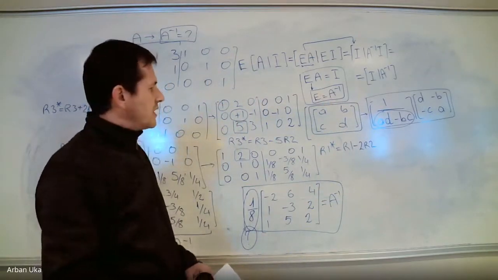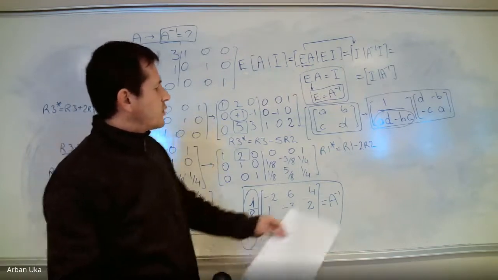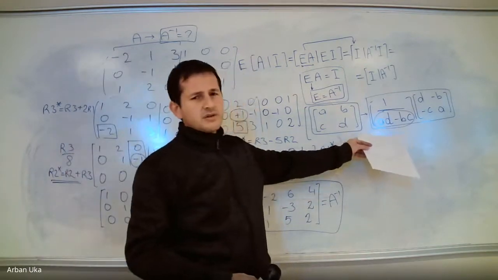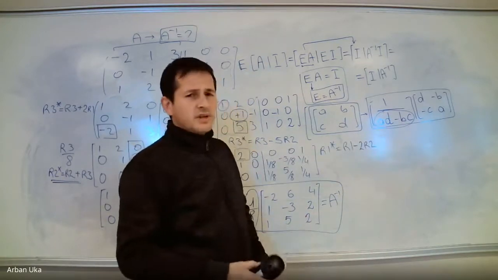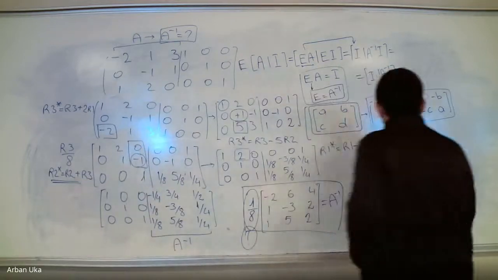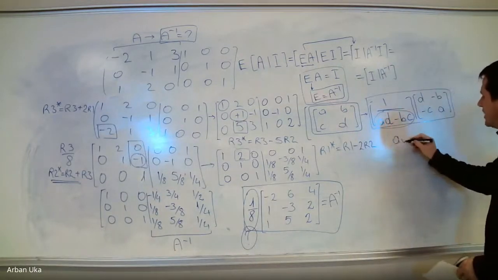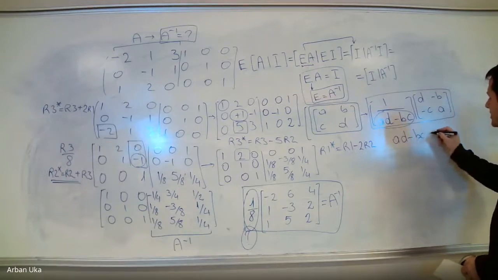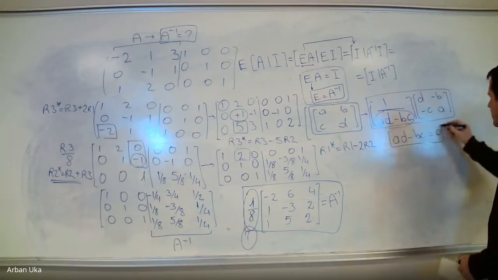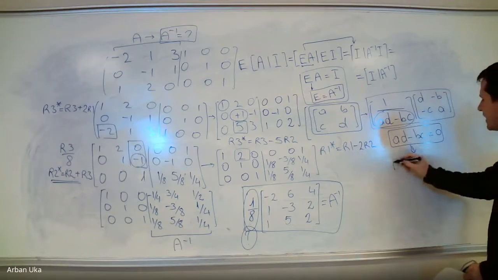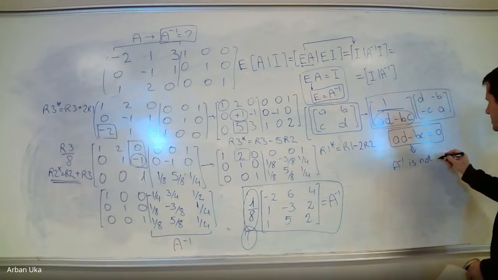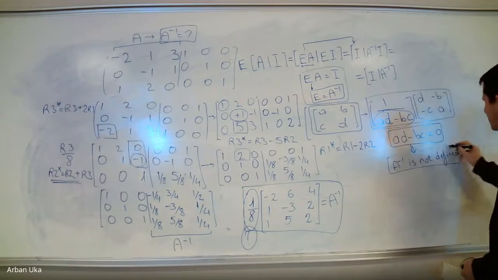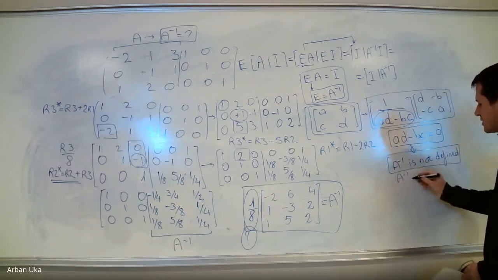I got an answer from the class: oh, professor, if this product is equal to 0, since division by 0 is not defined, we don't have an inverse. I said, I believe you are right. So if AD minus BC is equal to 0, then we can conclude that A inverse is not defined. We cannot find it. The better word is that it doesn't exist.